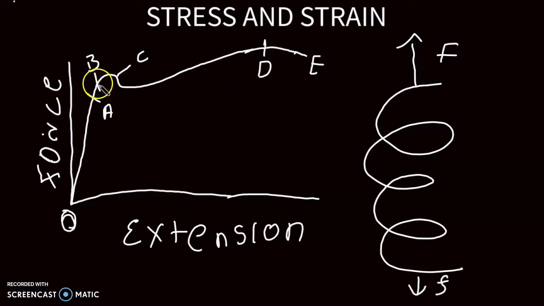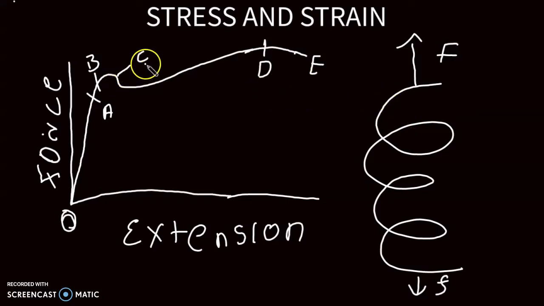And then we have number B. Number B is elastic limit, meaning beyond number B, even if the force is now removed, the spring will no longer go back to its original shape or size, or length for that matter.